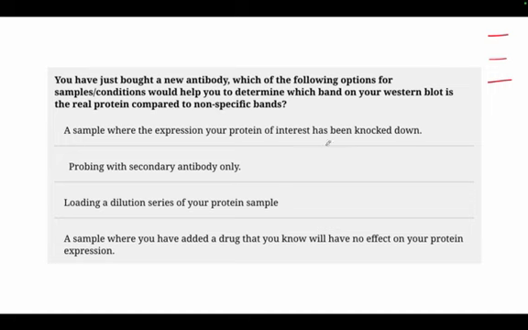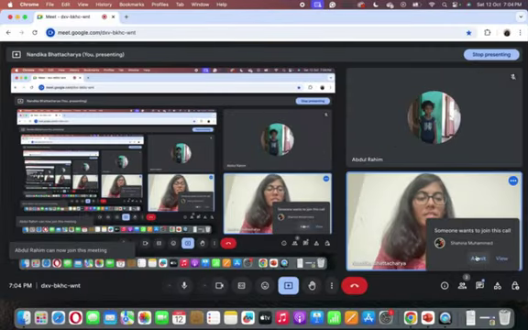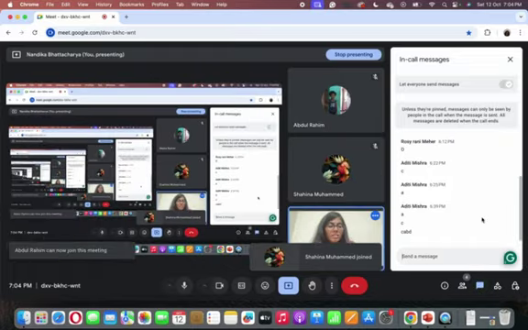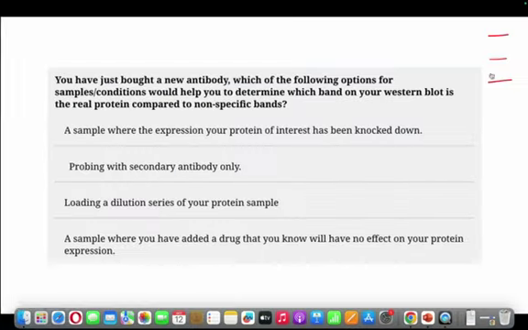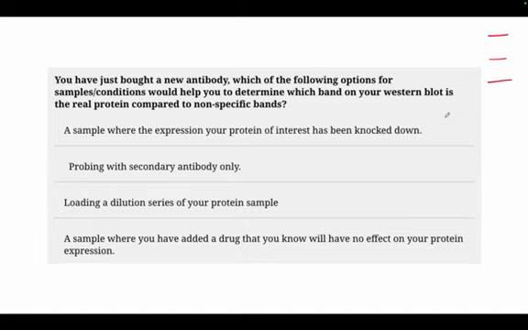So here are some options. Sample where the expression of your protein of interest has been knocked down. Okay, this can work. I have a sample with protein expression and a sample without protein expression.